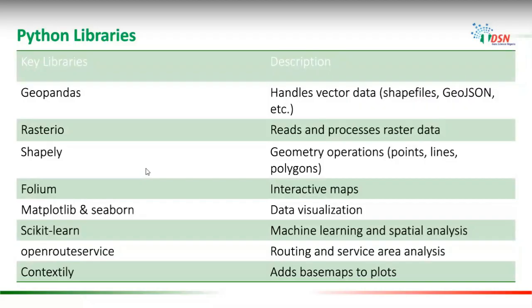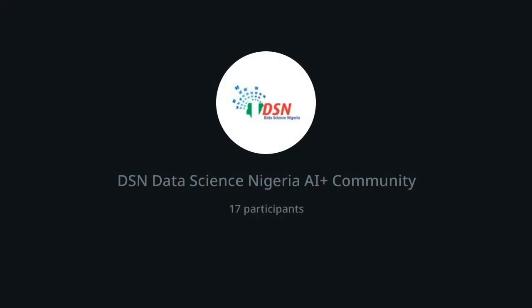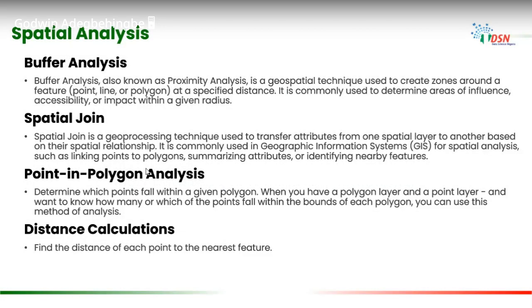All right, for spatial analysis, there are a few techniques that we can explore. Buffer analysis is a technique that helps us understand area of influence. For example, if we are to identify population or communities that fall within a particular distance, we call that area a buffer.